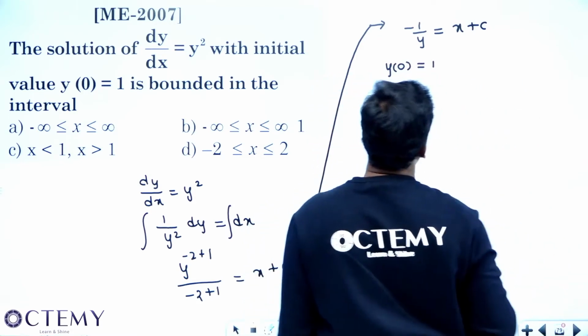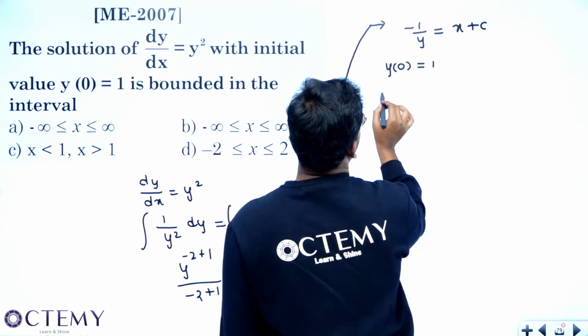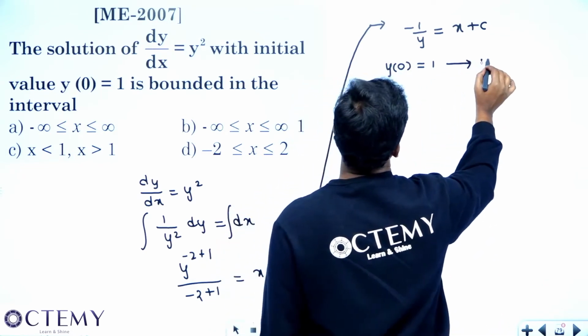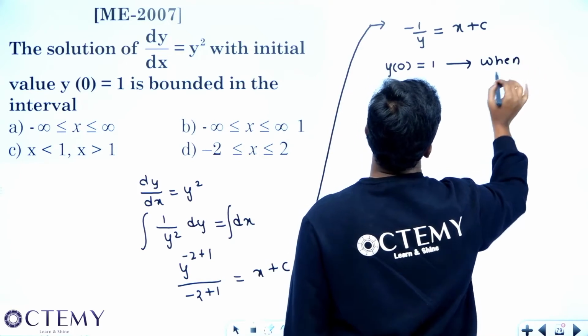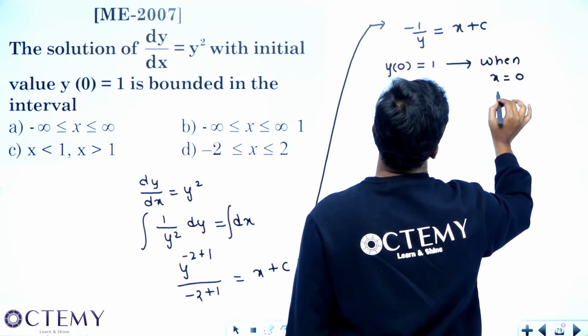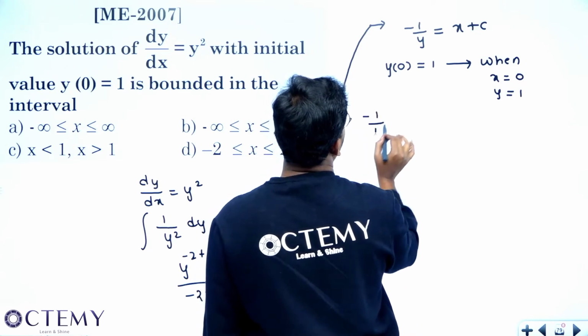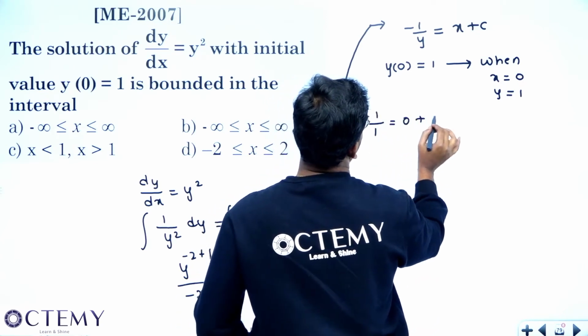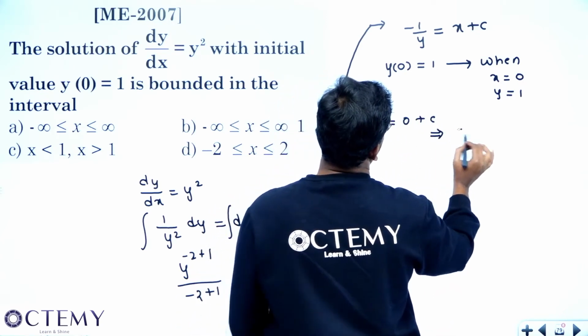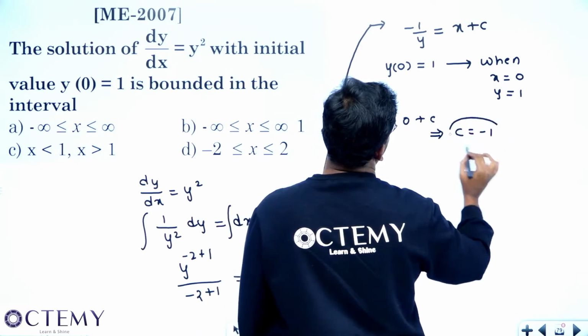That means if you put x equal to 0, you will get y as 1. So, the meaning is when x is equal to 0, y will be equal to 1. Right? So, minus 1 by 1 is equal to 0 plus c, which implies what is the value of c? C is minus 1. Right?